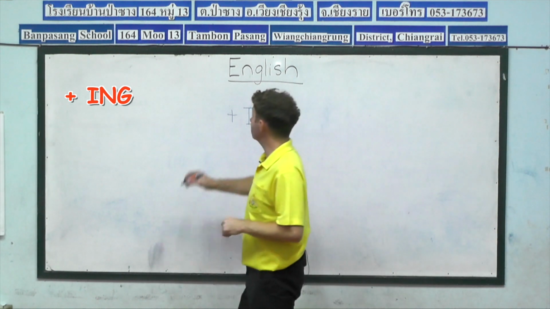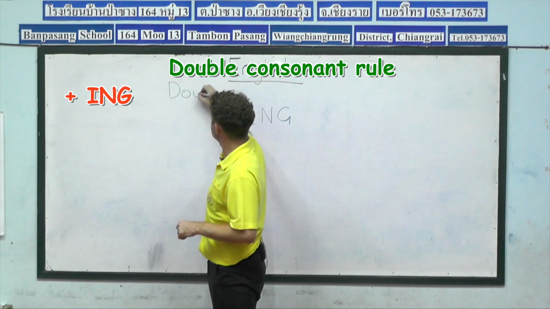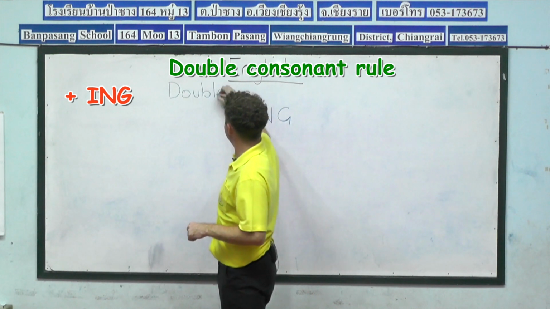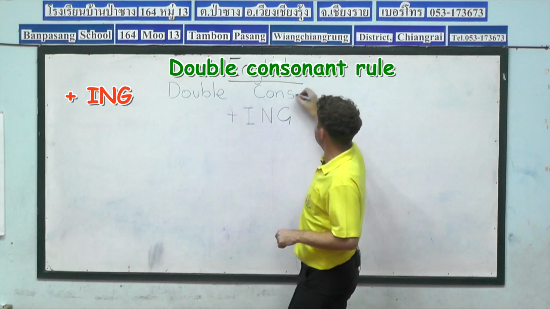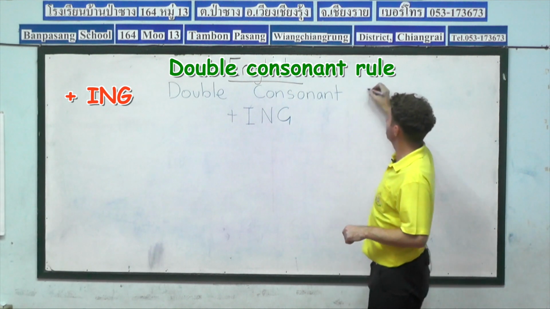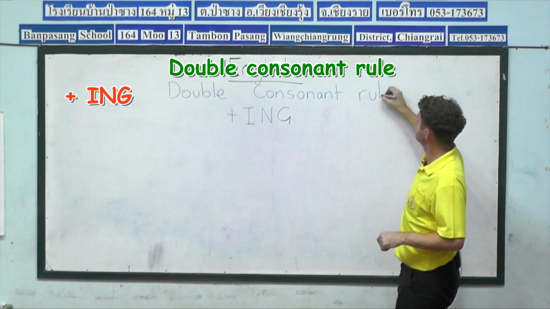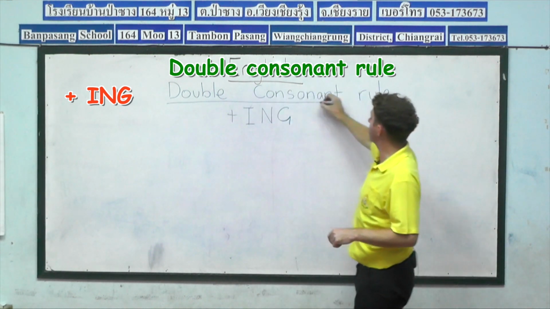But first of all, let's write the phrase double, D-O-U-B-L-E, consonant, C-O-N-S-O-N-A-N-T. And then the rule. So all together, double consonant rule.